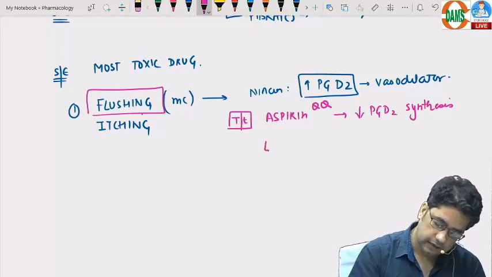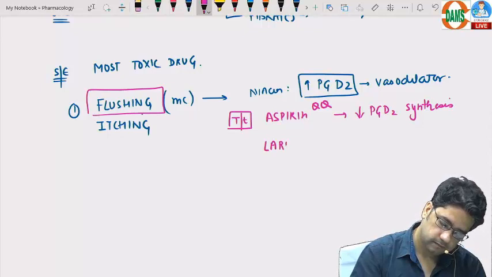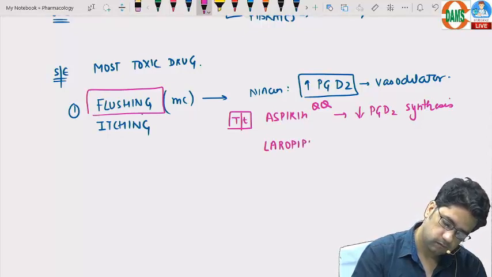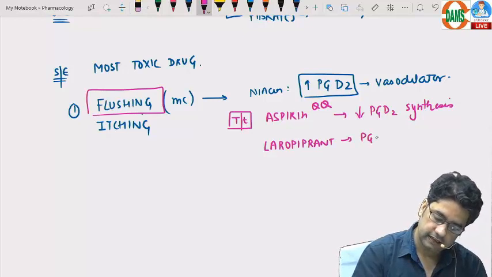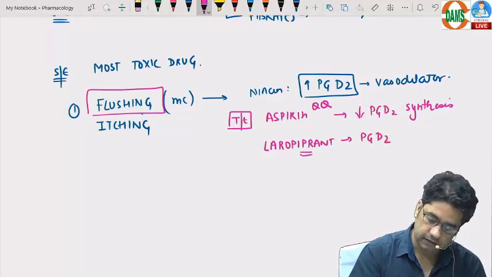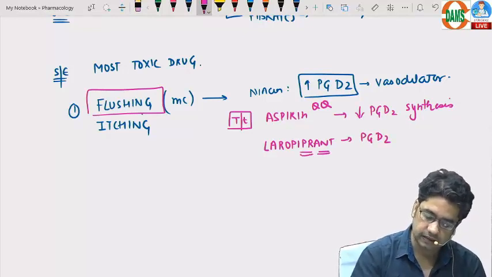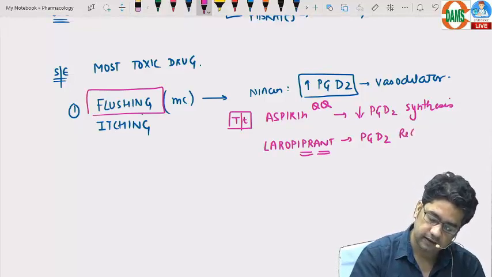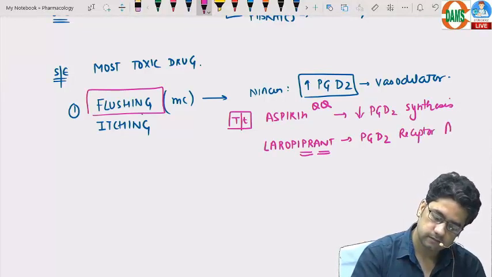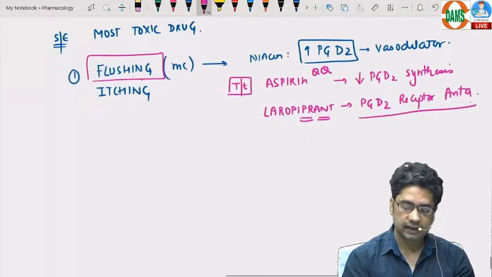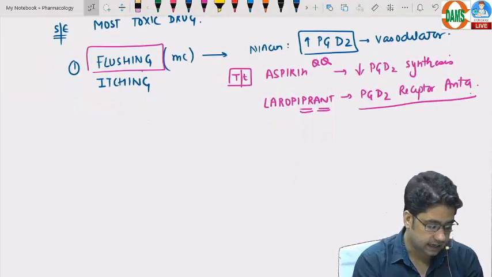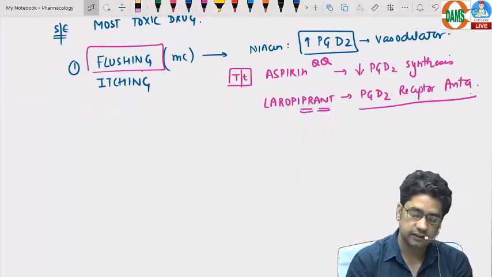Second, laropiprant. It is a prostaglandin D2 receptor antagonist. These two questions have been asked.